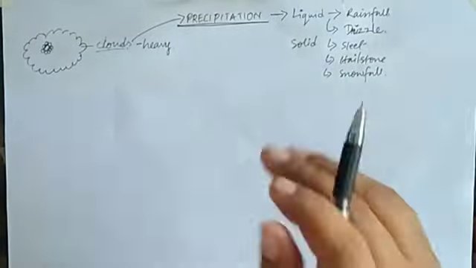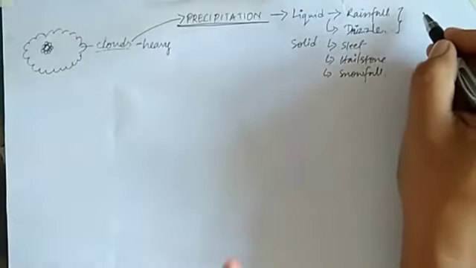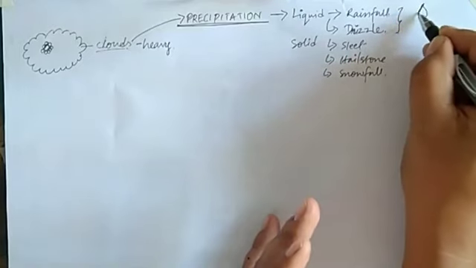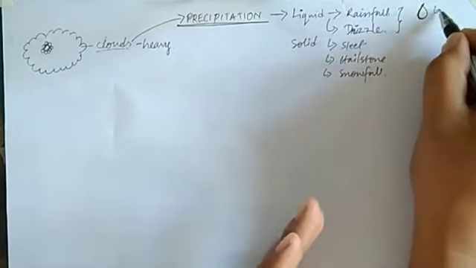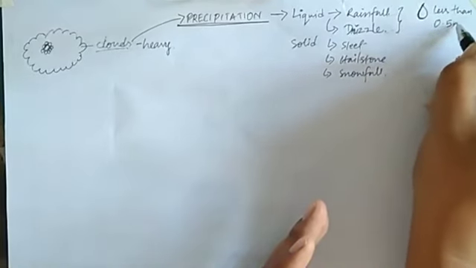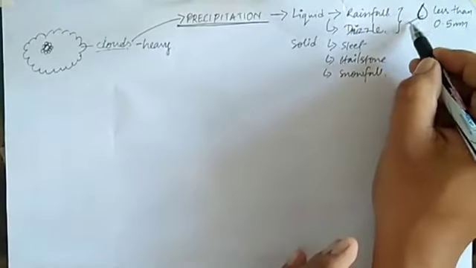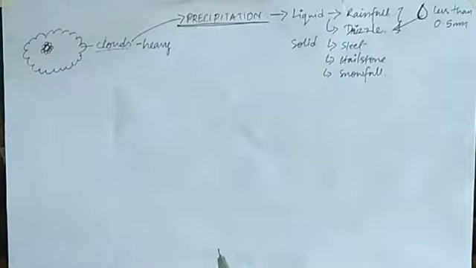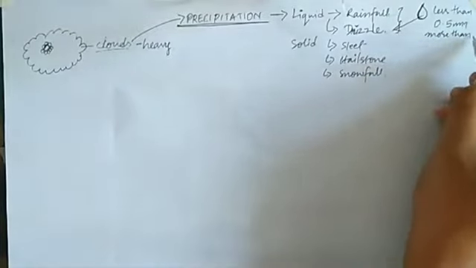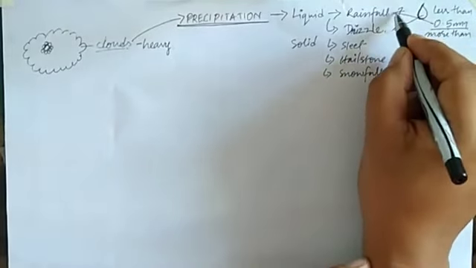so the difference between the rainfall and the drizzle: if the size of the rain droplets when it falls down on the earth's surface is less than 0.5 millimeter, then we term it as drizzle. Now in case it is more than 0.5 millimeter, then we term it as rainfall.